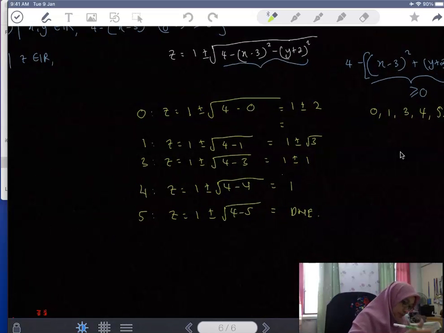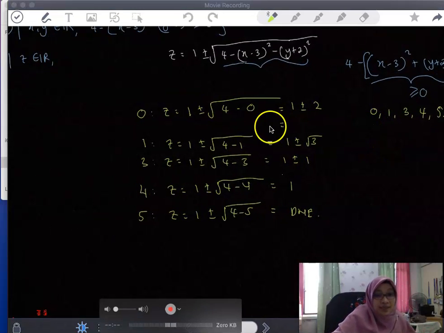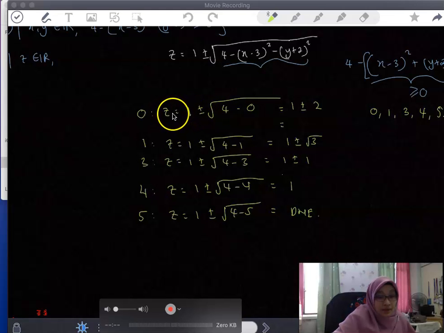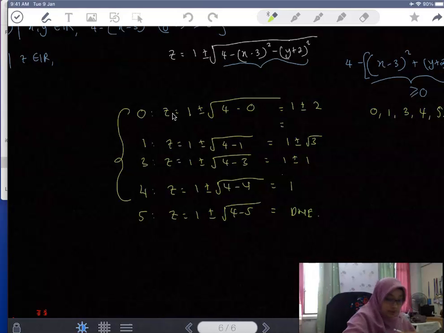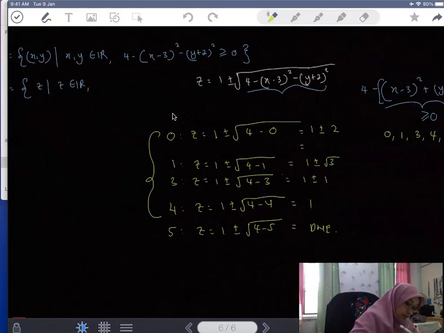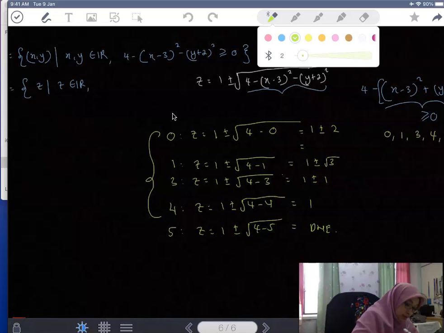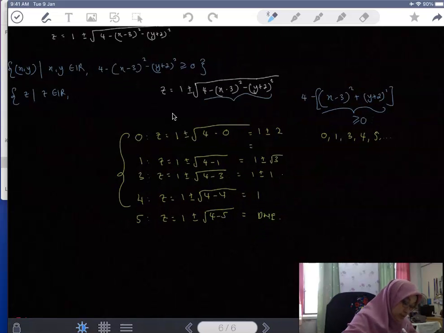Okay, so based on our calculation for z, this is only the possible z that we can have. So now we want to look at here. This one, choose a different color.